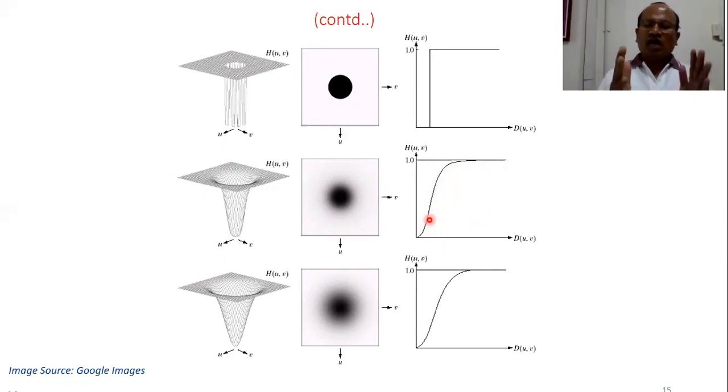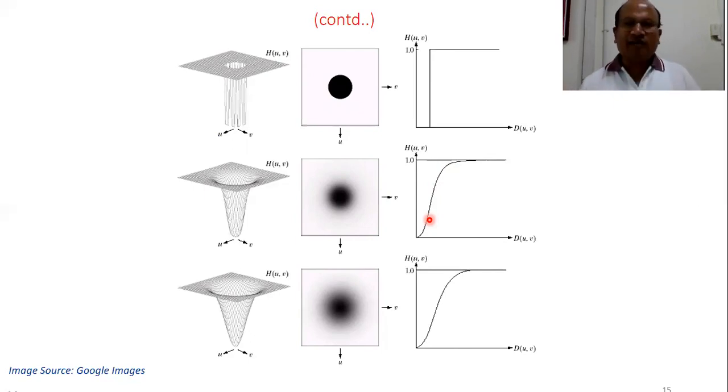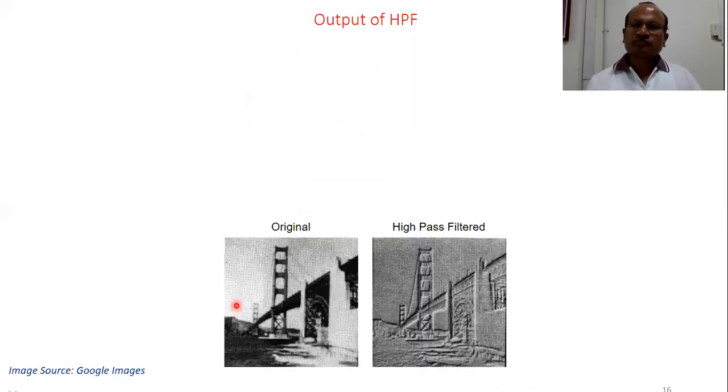So in a practical high pass filter, low frequency signals are attenuated, and this is the response of Butterworth. If you compare these 3D views, they are just reverse views of ideal LPF, Butterworth LPF, and Gaussian LPF respectively.